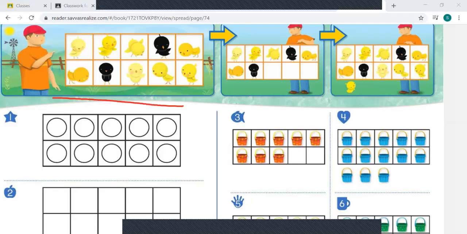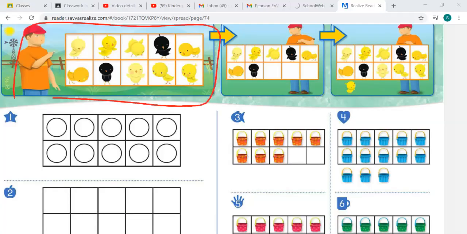Let's look at our first box over here. What do you think Mr. Brown is doing? It looks like he's counting chickens. So let's help him count. How many chickens are there? 10. How did you know? Because there are no empty boxes or squares in this 10 frame.